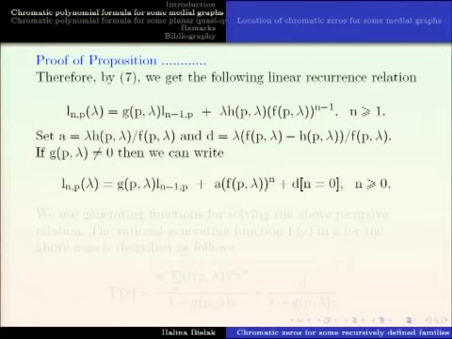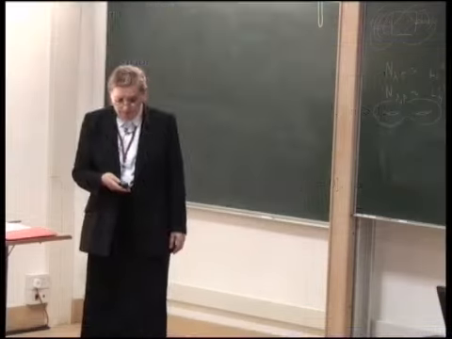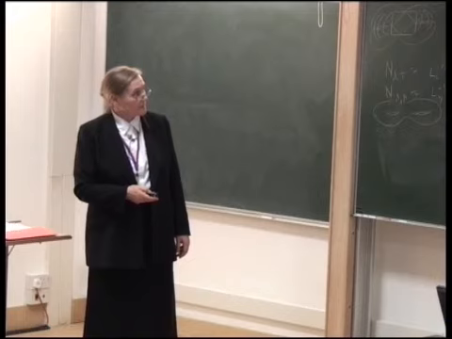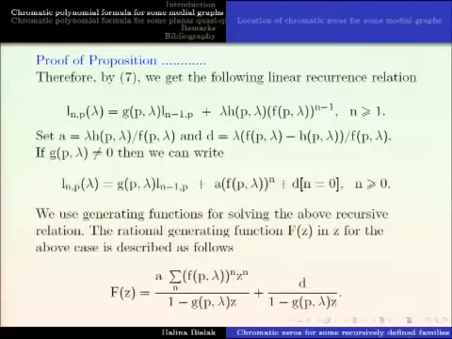And we now can use the method of generating functions to solve this recurrence relation. If we consider rational generating functions, we can find that for this case we have such a rational generating function.